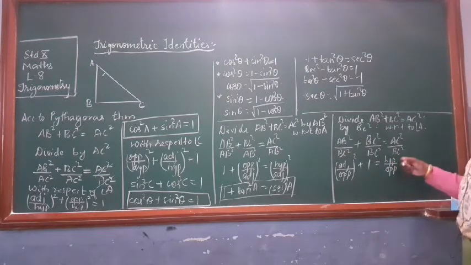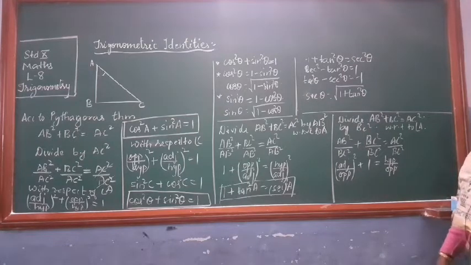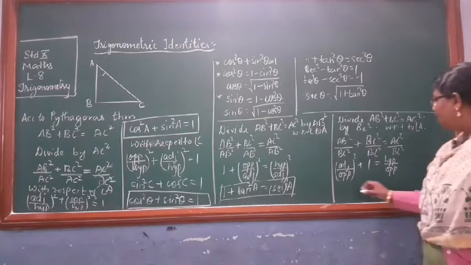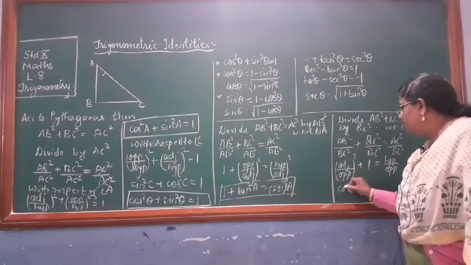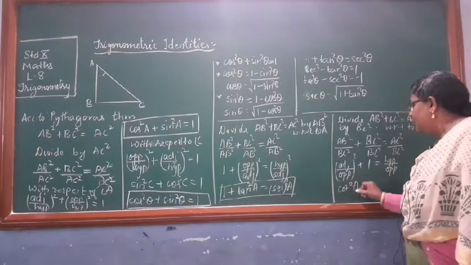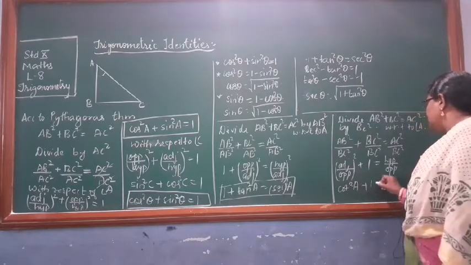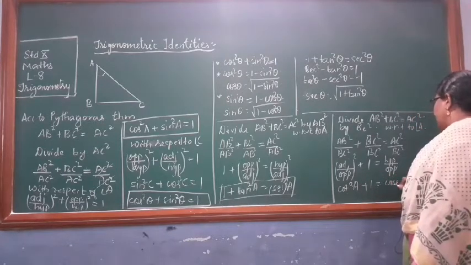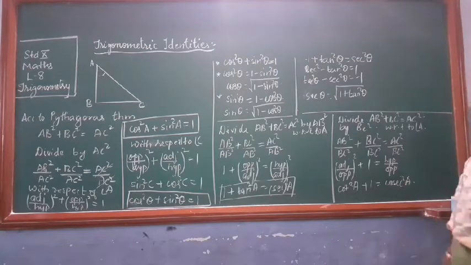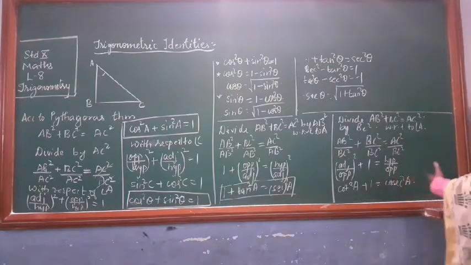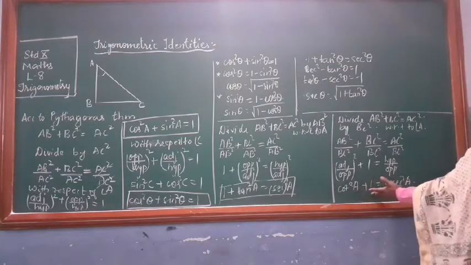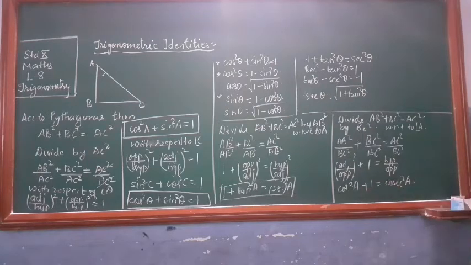Now, opposite upon hypotenuse is sine, so hypotenuse upon opposite will be cosec. And adjacent upon opposite will be cot. So you have cot square A plus 1 is equal to cosec square A. Even with respect to C, you will get the same thing. Cot square C plus 1 will be equal to cosec square C.